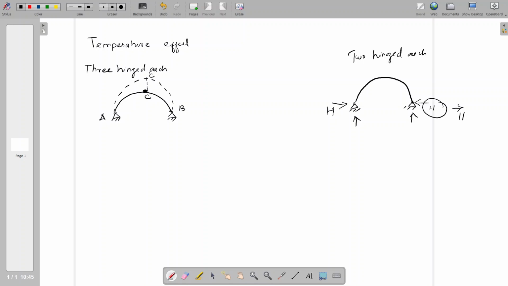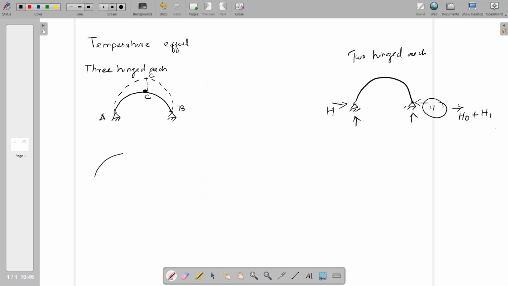Initially the H will be H0, and due to the temperature change we will have an additional H1, depending upon the magnitude. So the H will turn to H0 plus H1 in the case of the two hinged arch. In the three hinged arch, the temperature will give some rise of the crown point, so we are going to calculate C dash in the three hinged arch profile.